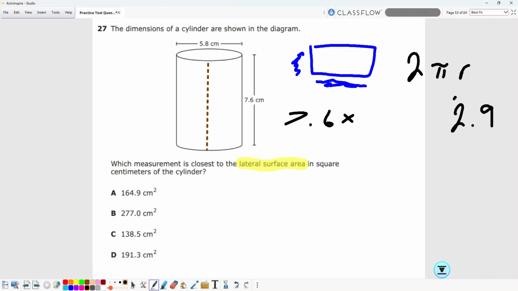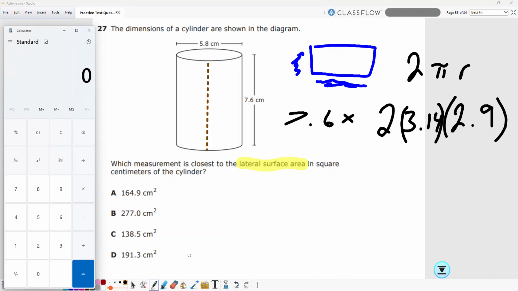Pi is 3.14, twice that, times 7.6. Well, it's just 7.6 times 2 times 3.14 times 2.9.